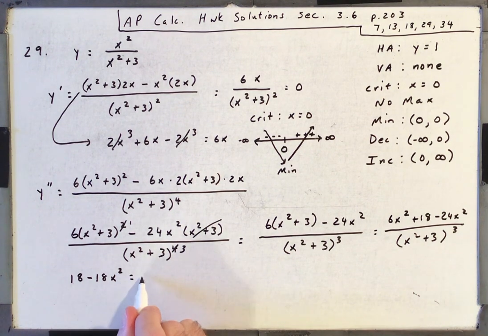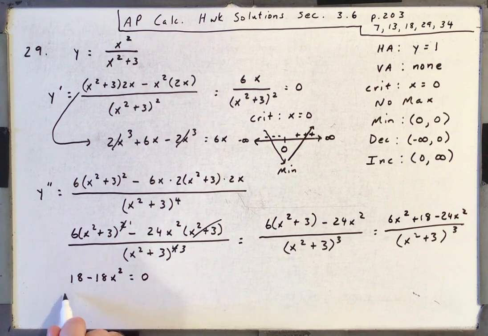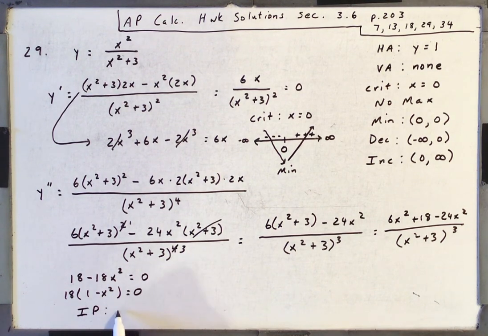And since the bottom's never 0, I just want to see where that's 0. I could factor out 18, and I got 1 minus x squared. So we have an inflection point at x equals, it's when this x squared term is 1. So plus or minus 1.